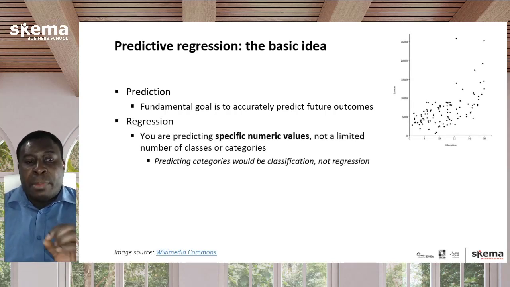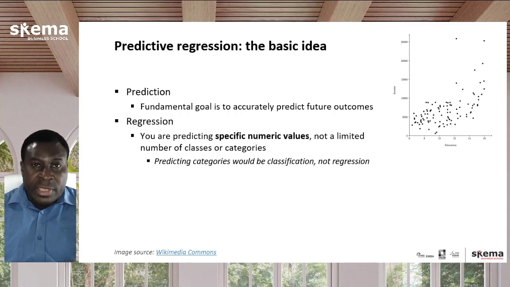Second, we're talking about regression. And regression means that what we're trying to predict are specific numeric values rather than limited classes or categories. If we were predicting classes such as yes or no, true or false, well, that would be a classification problem.